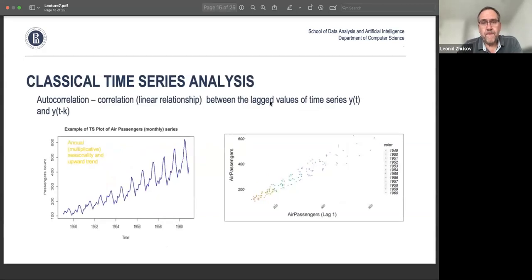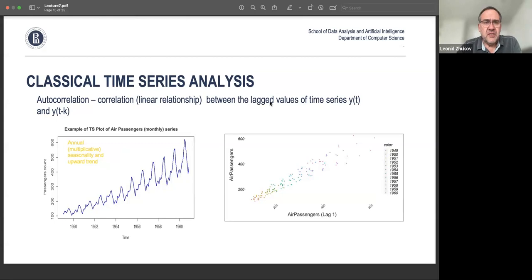Now, something also to observe is that, as we discussed, there is a quite strong correlation, which is a linear relationship, between the future values and the previous values. And when we talk about time series, we usually talk about autocorrelation, which means the value of y at time t depends on the y at previous moments of time.